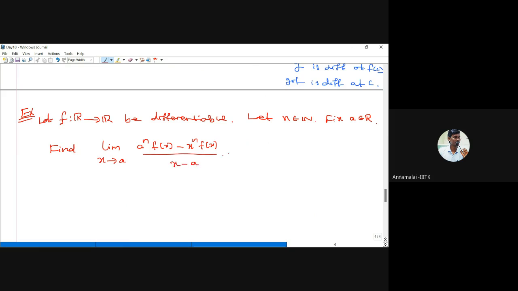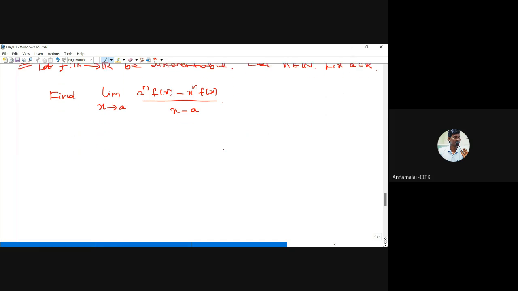How do we find the limit? Okay, we are going to split that. You have to add and subtract something in the numerator, and then split into two functions. So what is the solution? How do we split it?